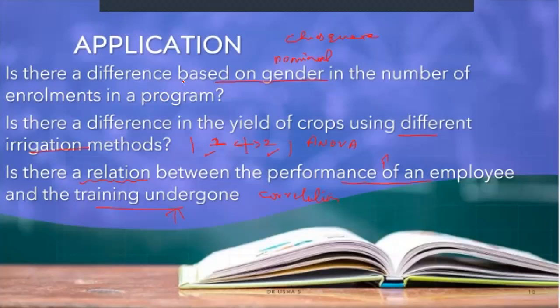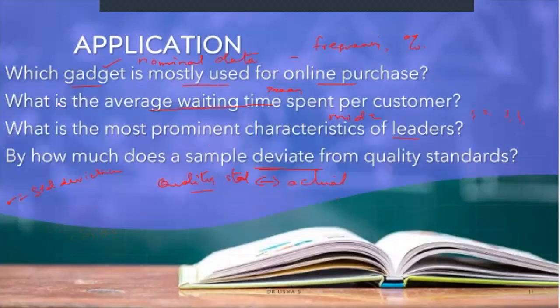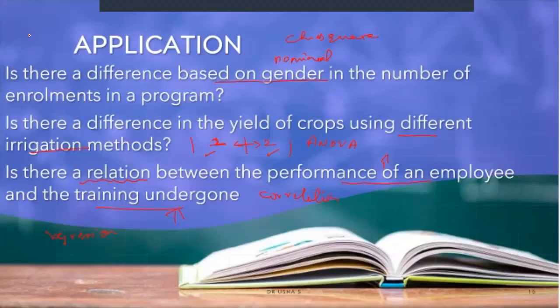Or if it increases, is this decreasing? Is it positive or negative? And based on this relationship, you can still go ahead and predict if they attend so many training programs, the performance increases or decreases. So here we have seen both the application of, first what we saw is the descriptive analysis application, and what we see here is an inferential analysis application.